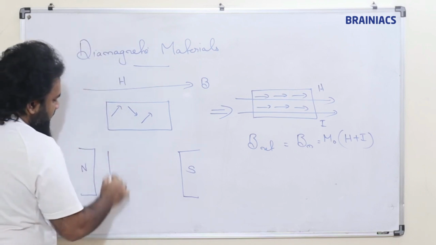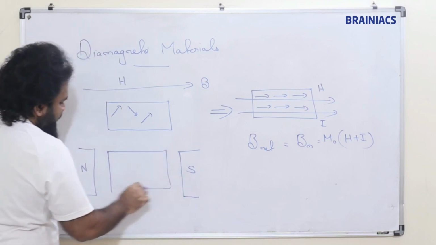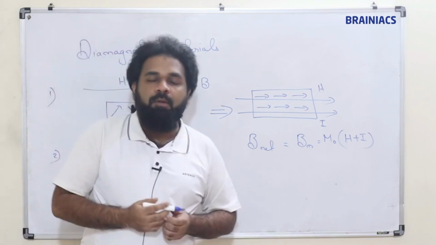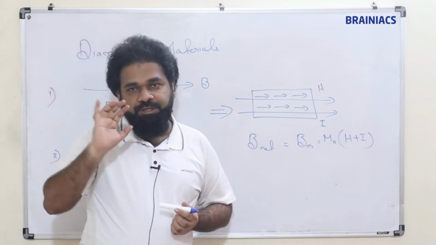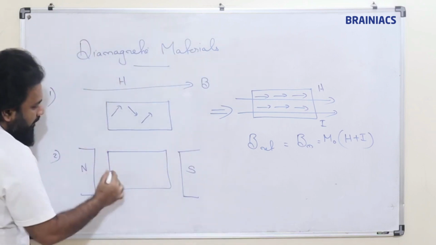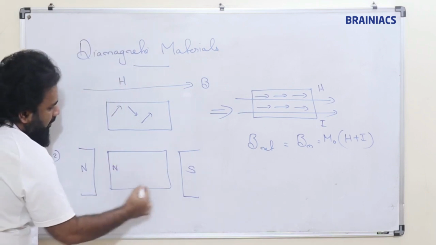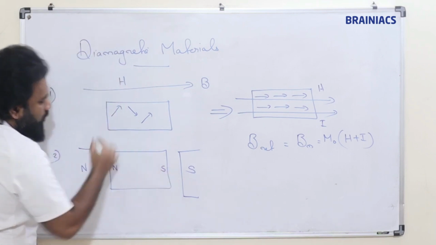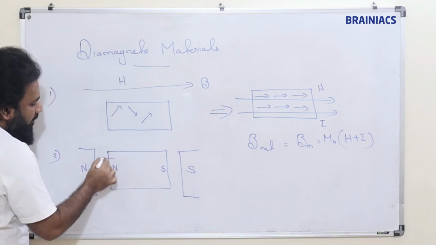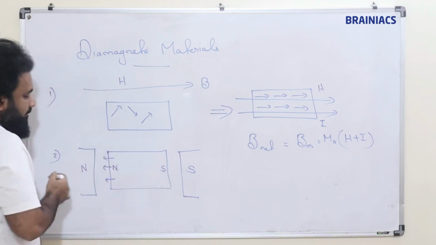Suppose we keep the specimen in between. What will happen? A small amount of objection will be there. If this is North Pole, here North Pole will be induced, here South Pole will be induced. So a small level of opposition will be there.